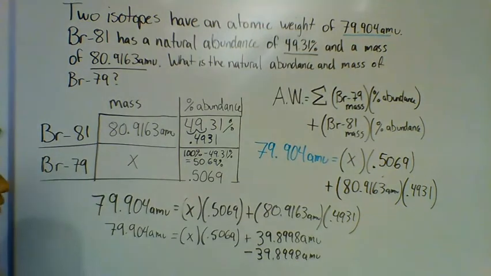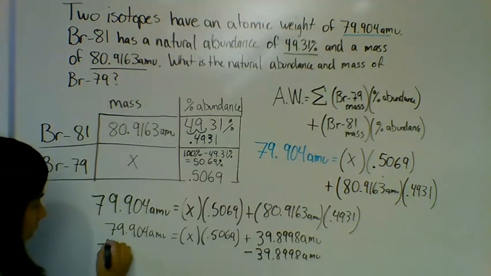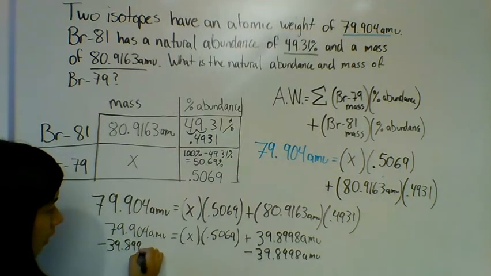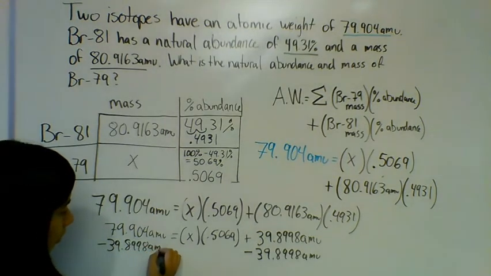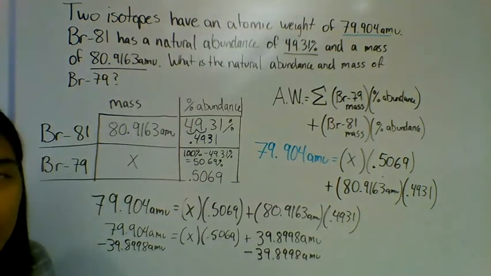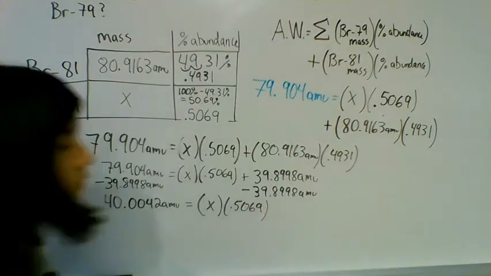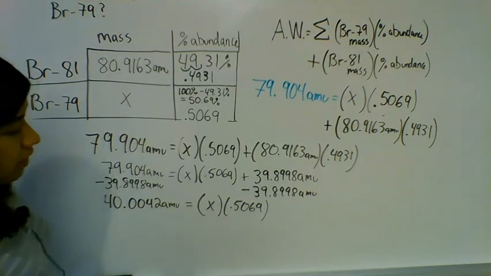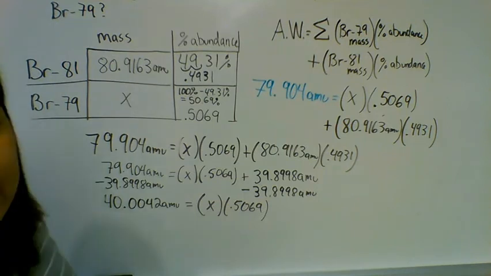And what I do to the right side, I have to do to the left. So I'm going to write minus 39.8998 AMU. I'm going to put this in the calculator and let's see what we get. After subtracting these two numbers, I get 40.0042 AMU equals x times 0.5069.